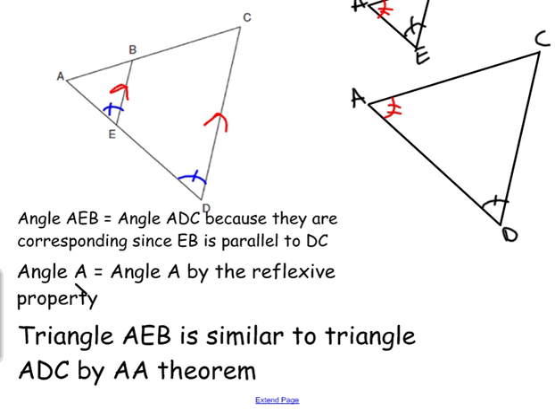And then angle A is congruent to angle A. Angle A is being shared by the little triangle and the big triangle, so angle A is congruent to angle A by the reflexive property. Once you have that, you can say they're similar, because if you can show that two pairs of corresponding angles are congruent in triangles, that's sufficient to say that the triangles are similar.